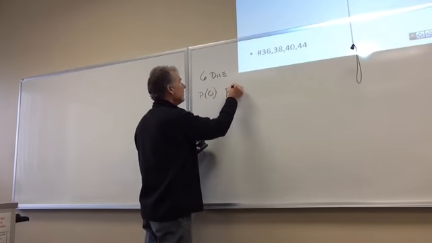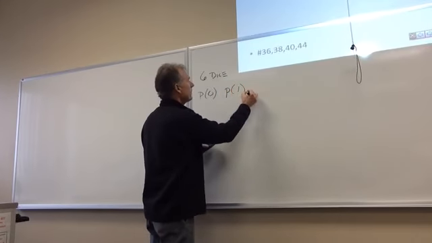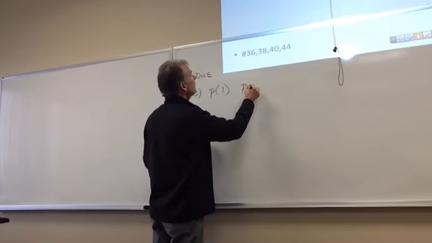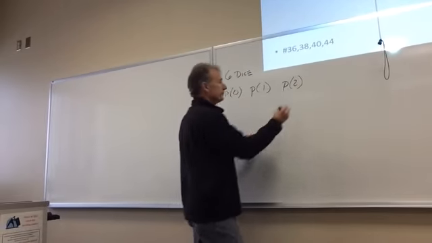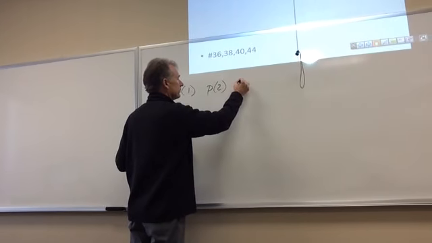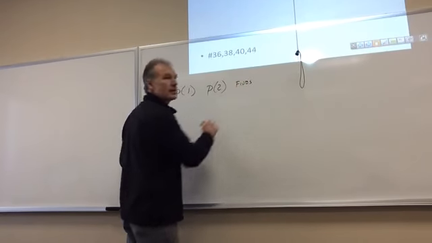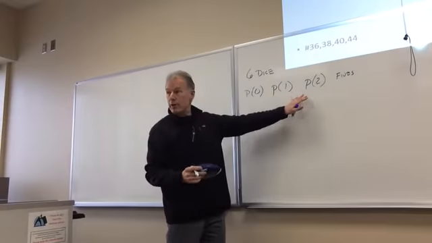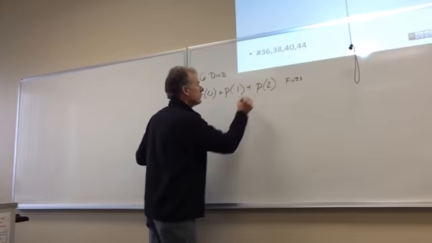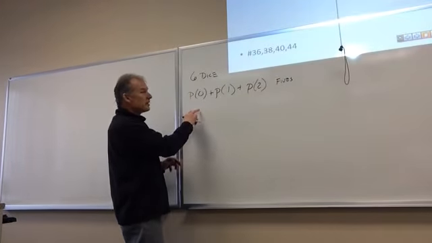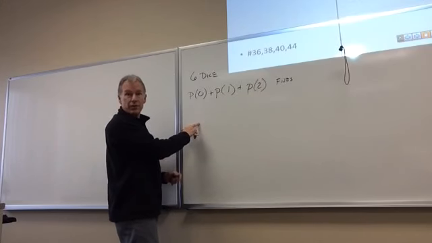Probability of getting 1 5, and the probability of getting 2 5s, right? So do we agree that's the question? Okay. And so let's start off by finding the probability of getting 0 5s.